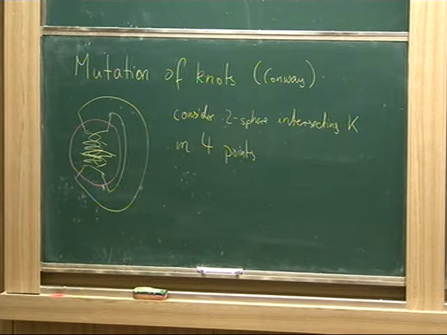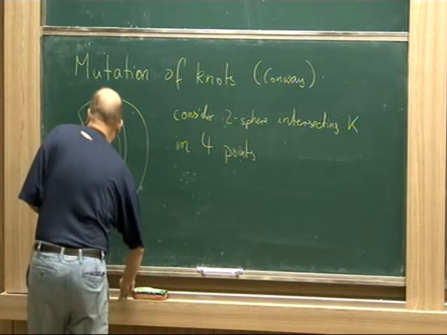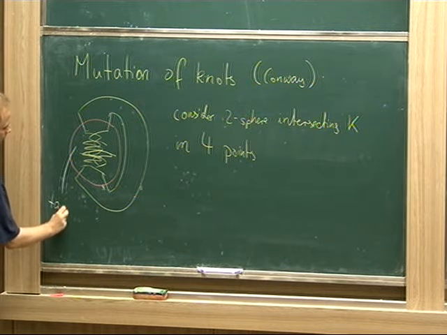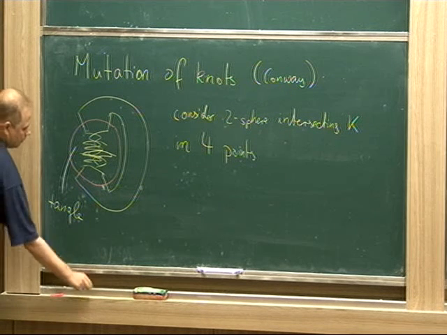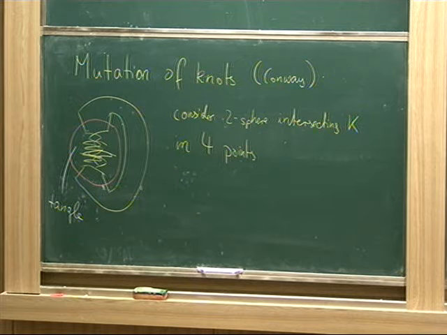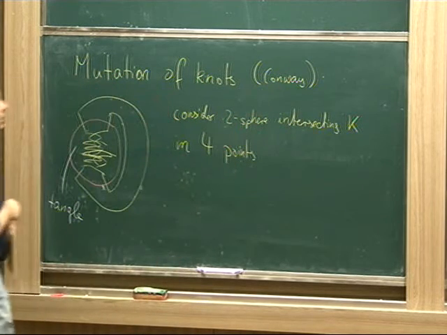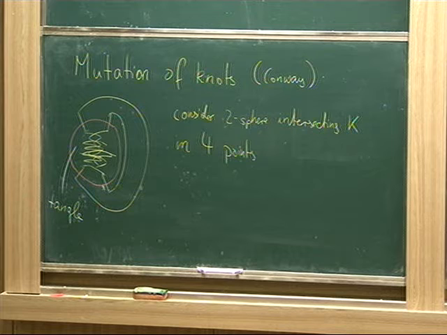The part of the knot which is inside, this is called a tangle. Somehow Conway's idea was to describe knots by decomposing them into tangles, but what I will consider here is mutation, which is the following operation.